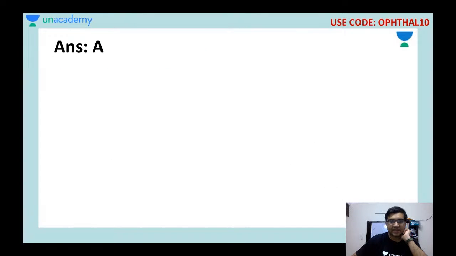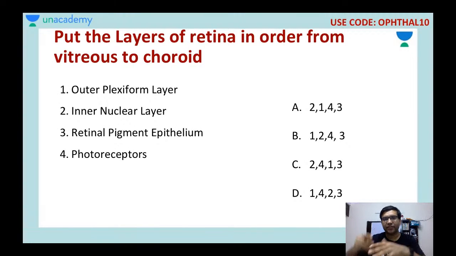Perfect. So the answer here is basically that if we go from the vitreous to the choroid, the layer which is in touch with the vitreous humor is the internal limiting membrane, and the layer which is in touch with the choroid is the retinal pigment epithelium. Okay, all the layers are between the internal limiting membrane and the retinal pigment epithelium.